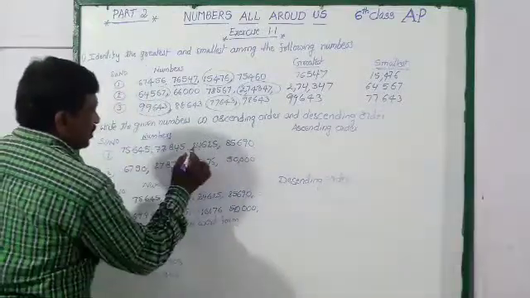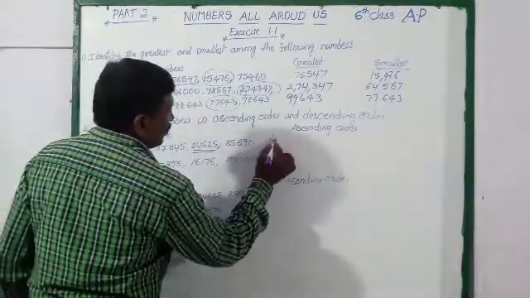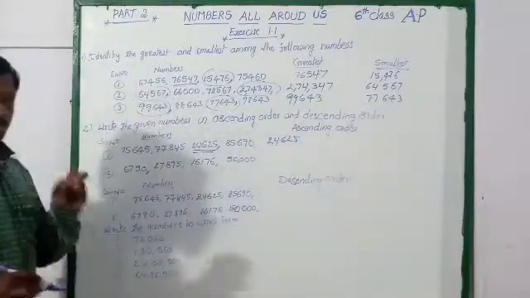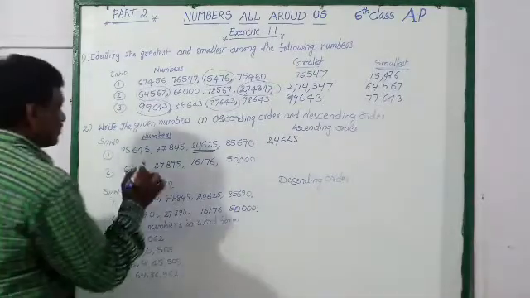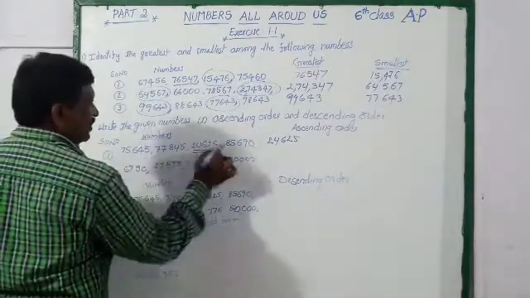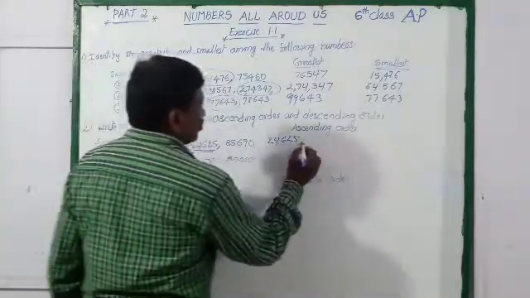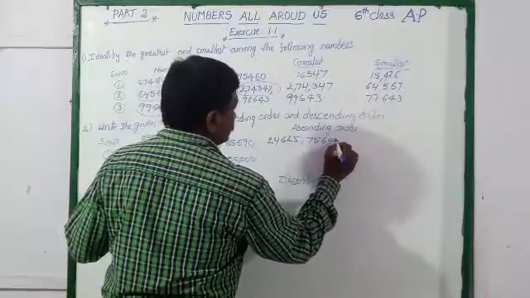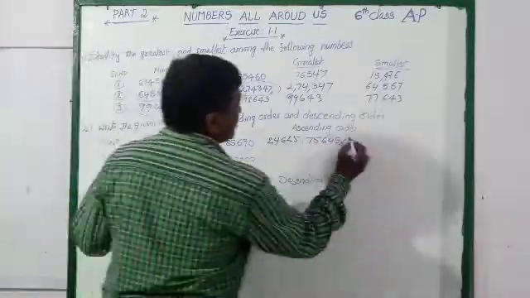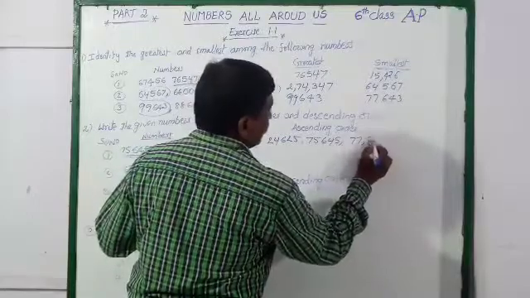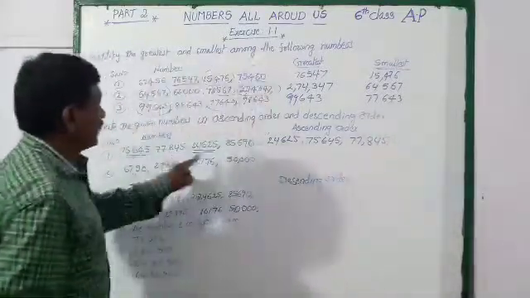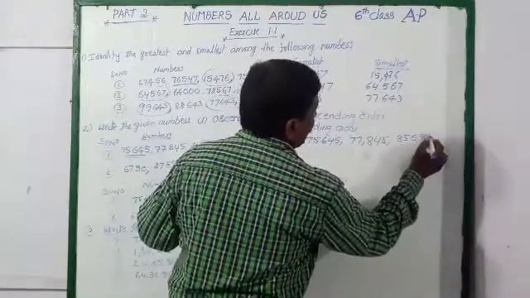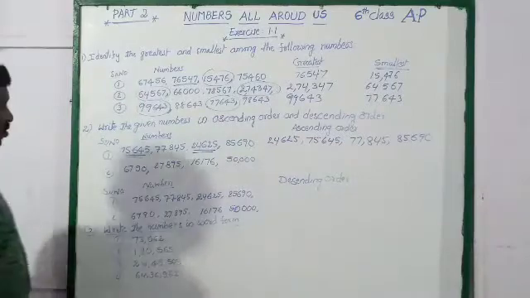First the smallest, 24,625. From smallest to greatest, next 75,645, next 77,845, next 85,690. Ascending order.